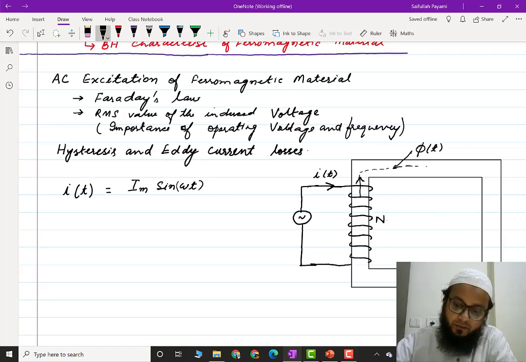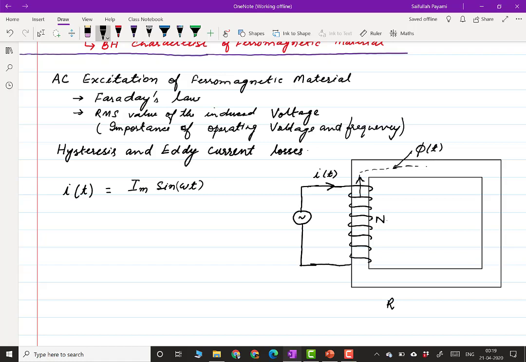And let's say the reluctance of this magnetic core is R. Obviously this reluctance would be given by 1 upon mu naught mu R, LC, the mean path length of the flux is LC here, and the area of the core is A.